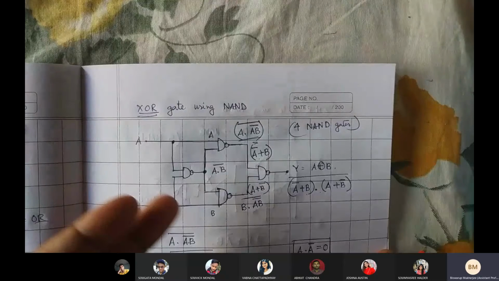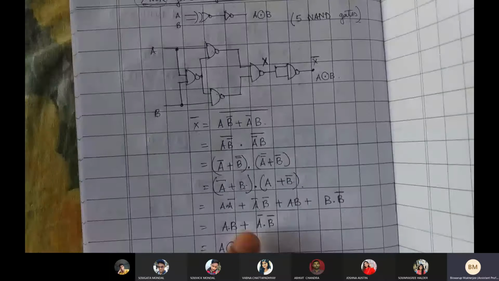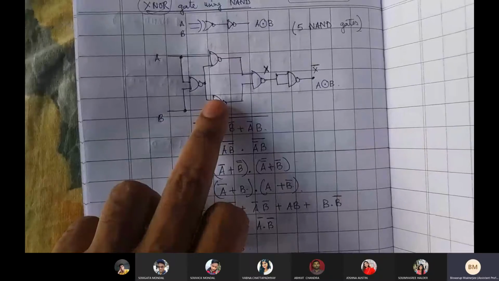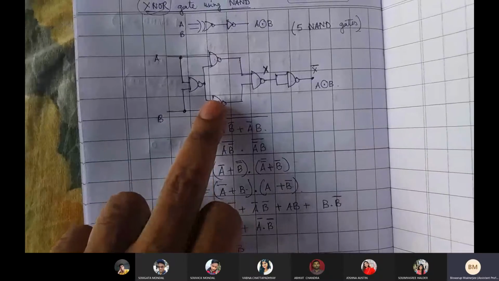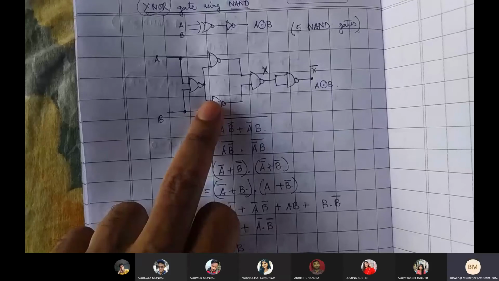For making XOR using NOR, the configuration will be just the same. That means you will be requiring 5 NOR gates in order to implement XOR.